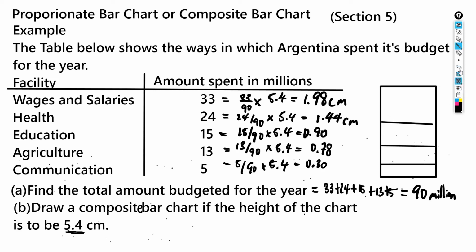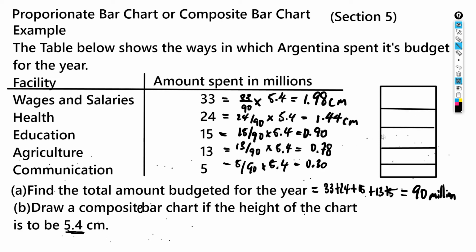Oh well, those two are kind of too high. Let's make sure we try to make it as proportionate as possible. So this one represents 0.30, then 0.78, then 0.90 is here, then 1.44 is here, then the 1.98 is here.